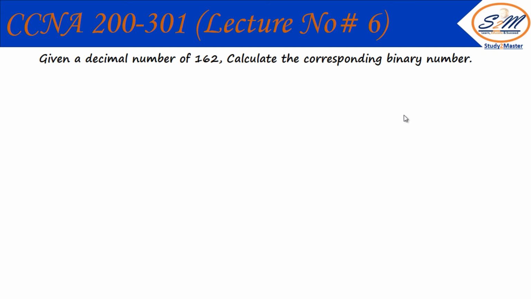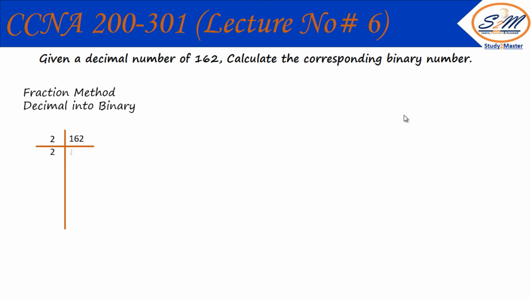Let's check another example. Fraction method. A given decimal number of 164. Calculate the corresponding binary number. We have different methods of changing from decimal to binary. The first one is called the fraction method.